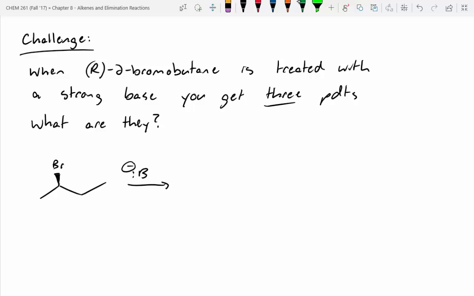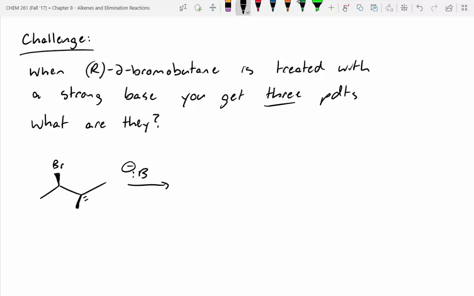We already did this problem and we solved 2 of them, but we're missing the 3rd. So what was our product that we got from the last one? We got 2 diastereomers, both cis and trans, right? So let's take a look at that.